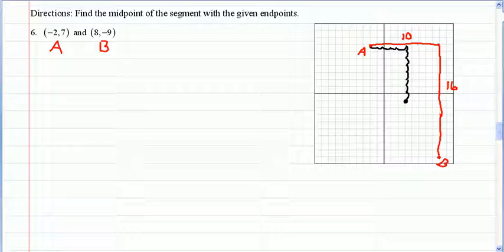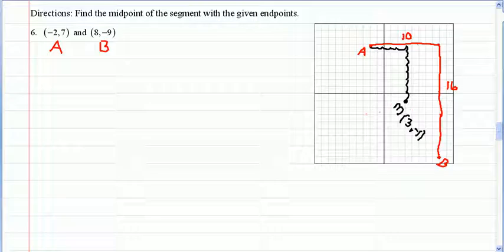So this point right here is the exact location of the midpoint. And if we were to label this point, we would get the point 3, negative 1. So the midpoint can be found this way by calculating horizontal and vertical distances between points and then dividing them by 2 to find the midpoint.